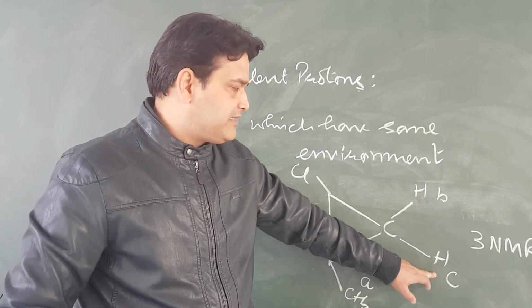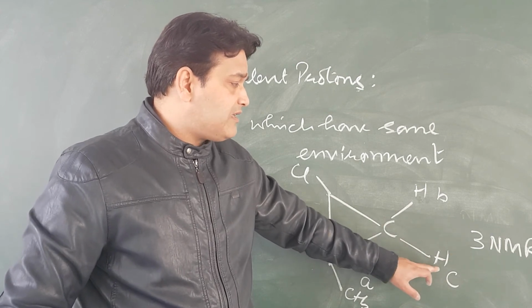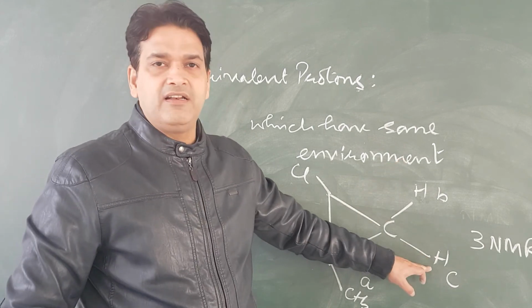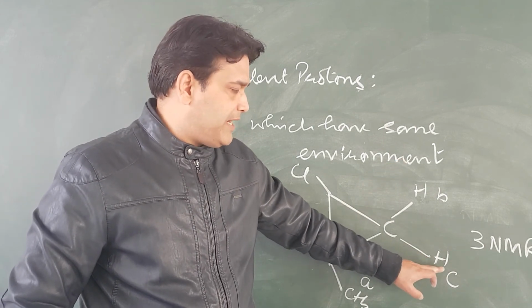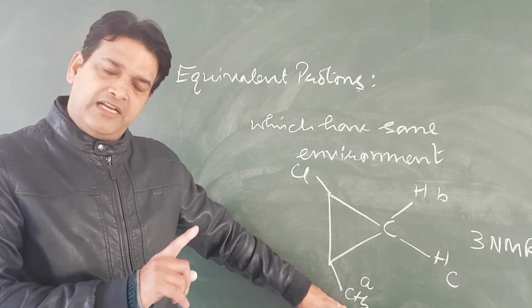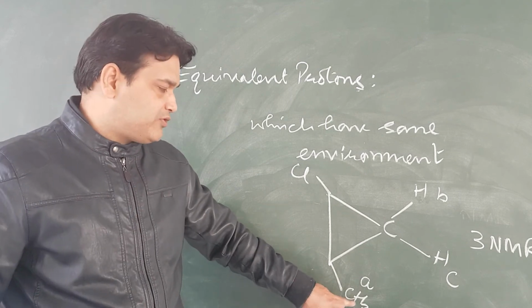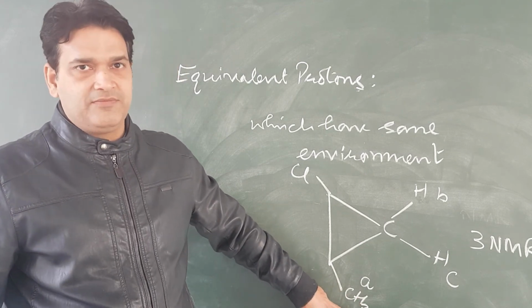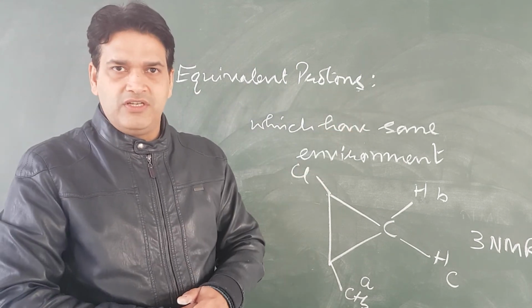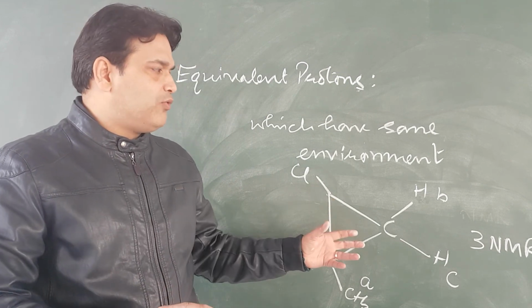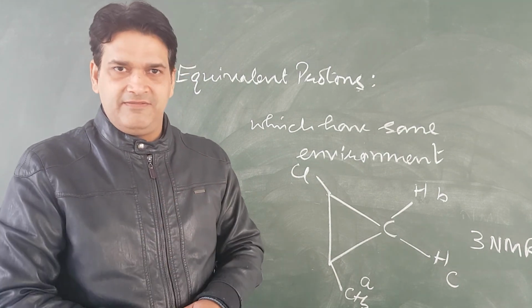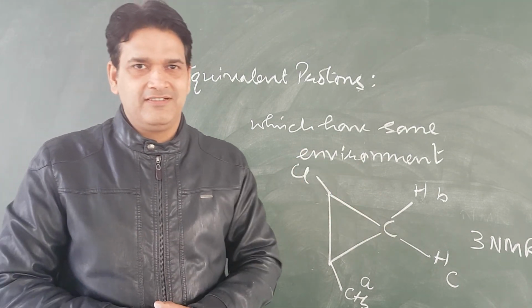Likewise, this third H atom will also have one weak signal because of the presence of one H atom. But the first signal will be strong because there are 3 H atoms. So by calculating the number of equivalent sets of protons, you will be able to find out how many NMR signals there are and what their intensity will be. So this was the topic. Thank you very much.